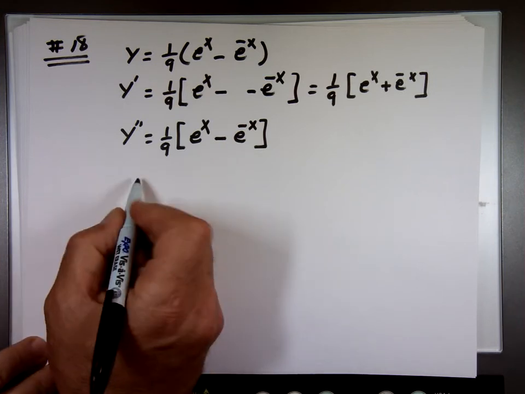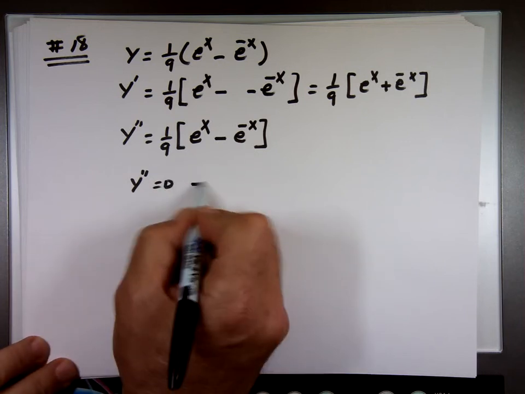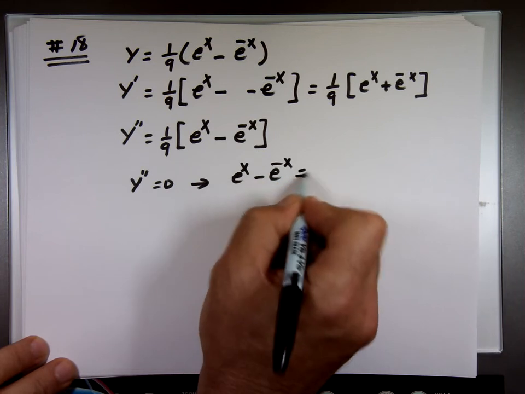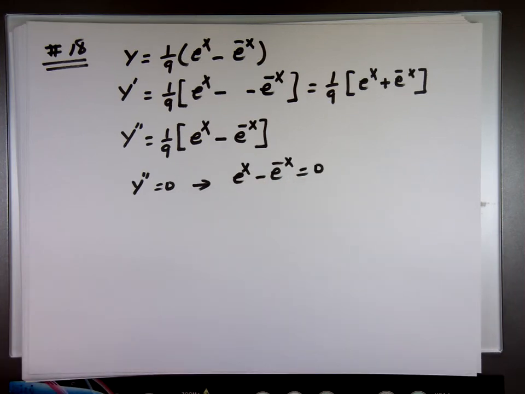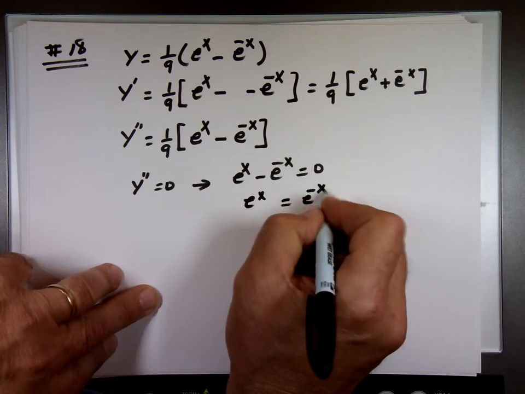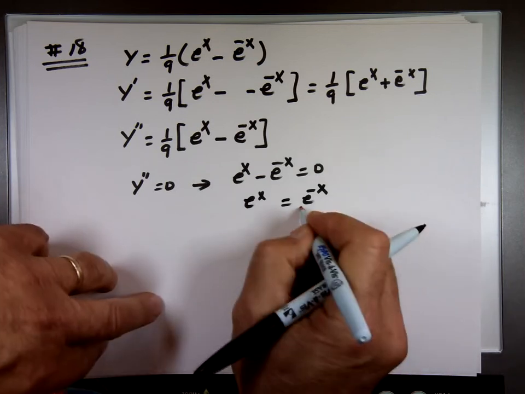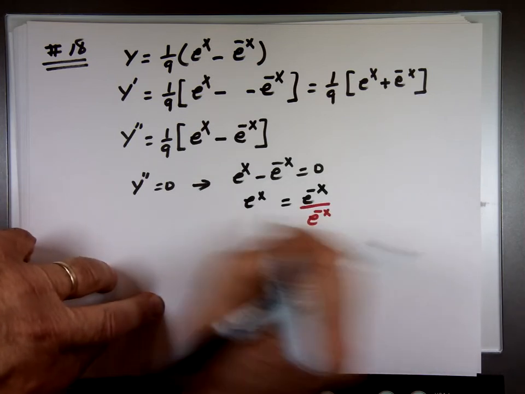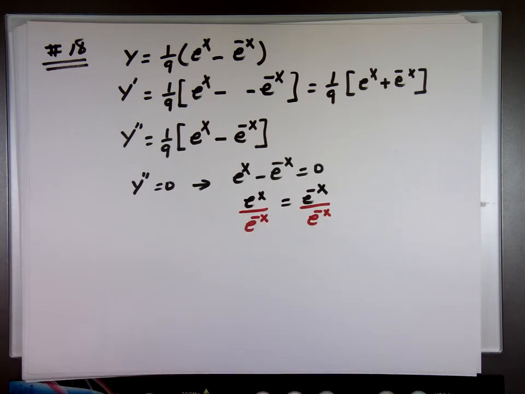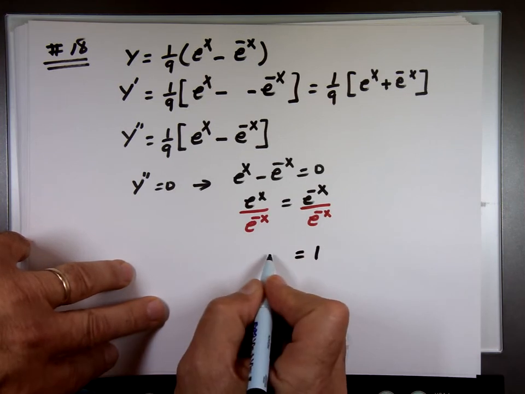Where is the second derivative equal to 0? When e to the x minus e to the minus x is equal to 0. e to the x equals e to the minus x. If you want, you can divide both sides by e to the minus x. What's e to the minus x over e to the minus x? 1. And this would be e to what?